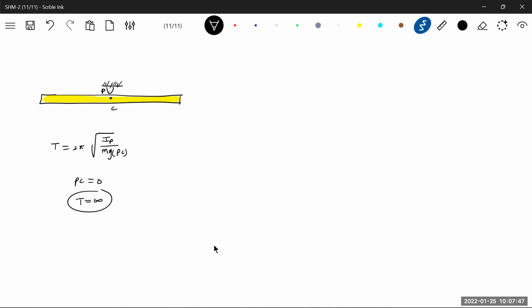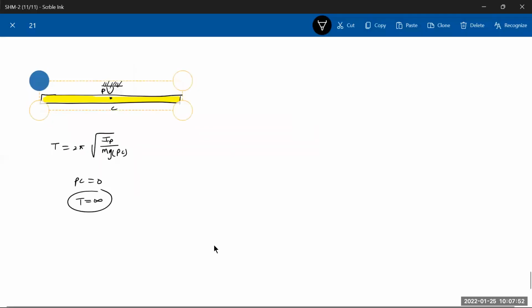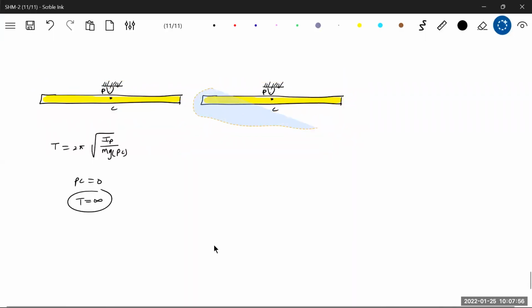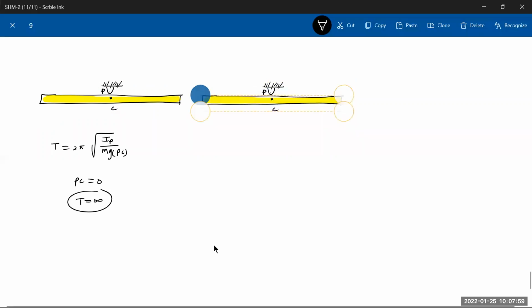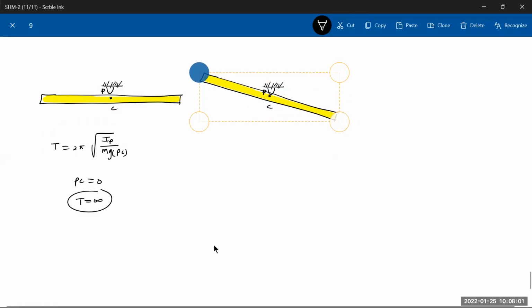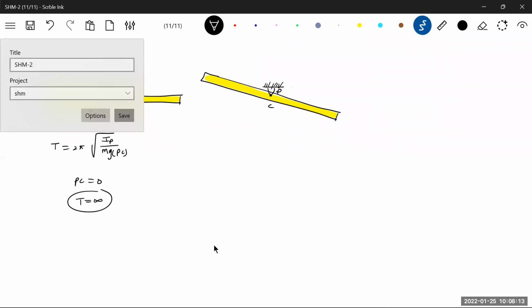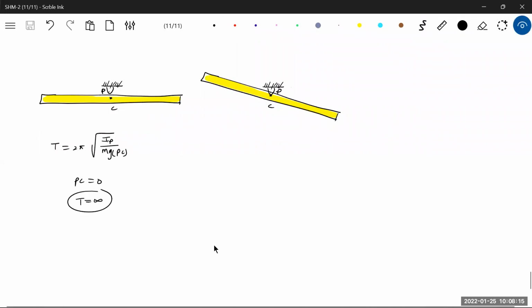What do you mean by that infinity? In whichever position you keep it, it will retain that particular position. It will remain there only, it will not return back. This is some sort of neutral equilibrium. So here C is the center of mass, center of gravity.